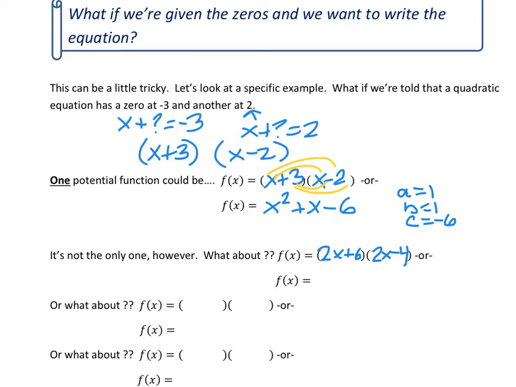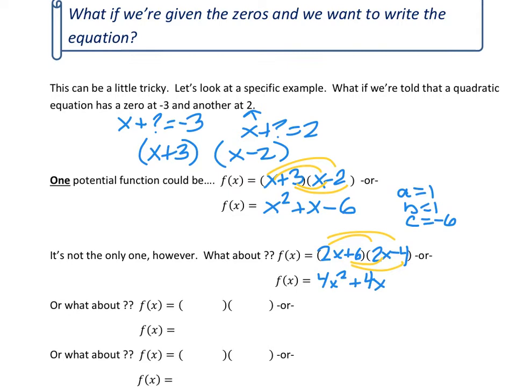However, you can see when we multiply or distribute everything through, it's not the same function. So 2x times 2x is 4x squared. I have 2x times a -4, which would be -8x, plus a 12x would be a +4x.